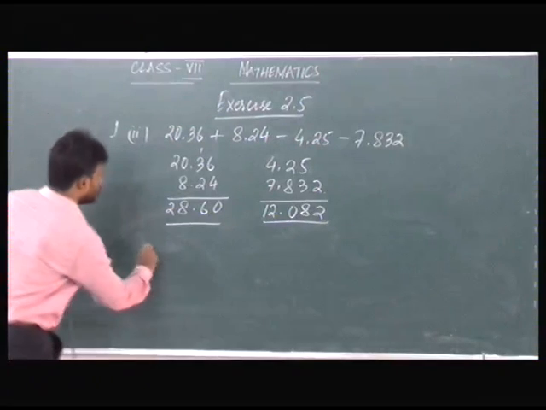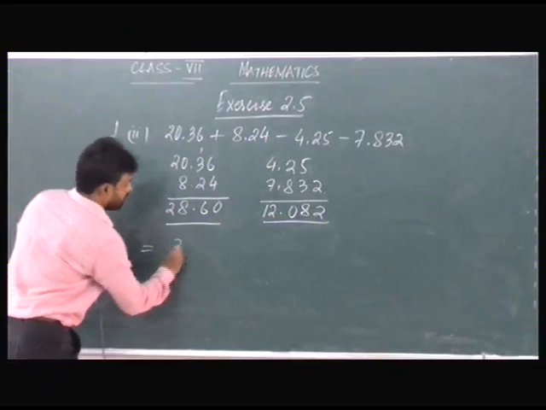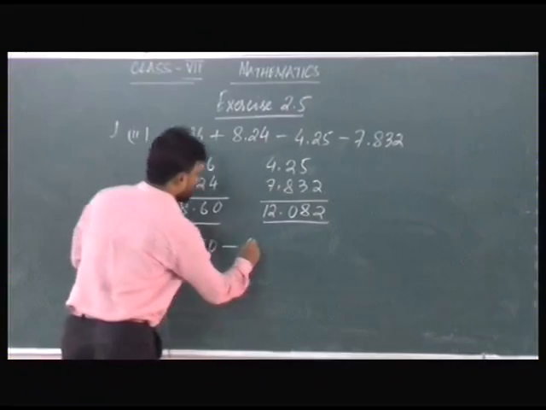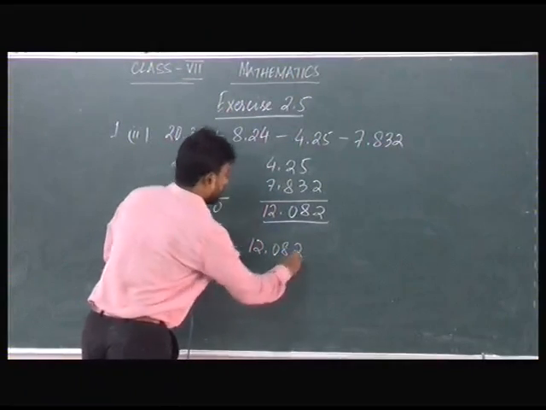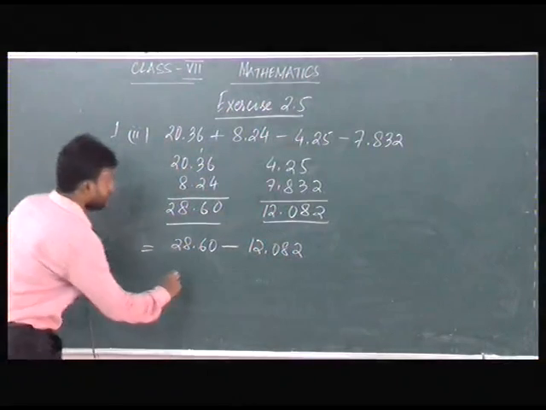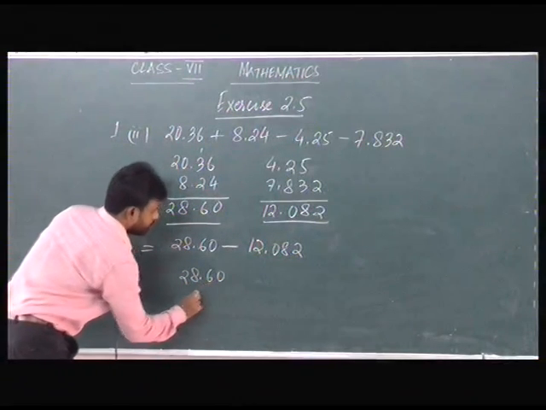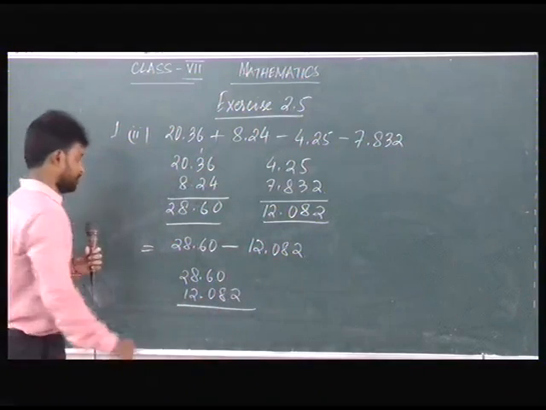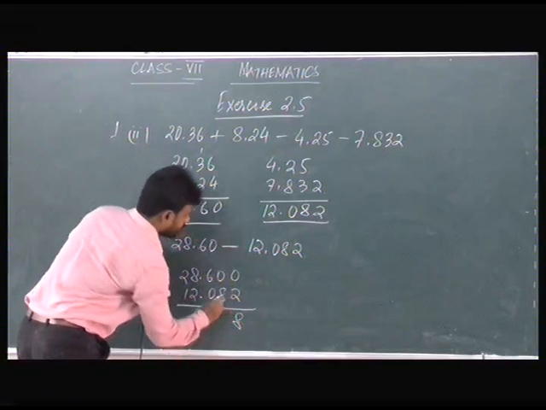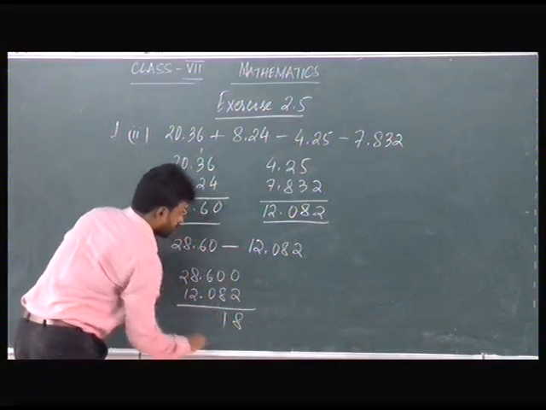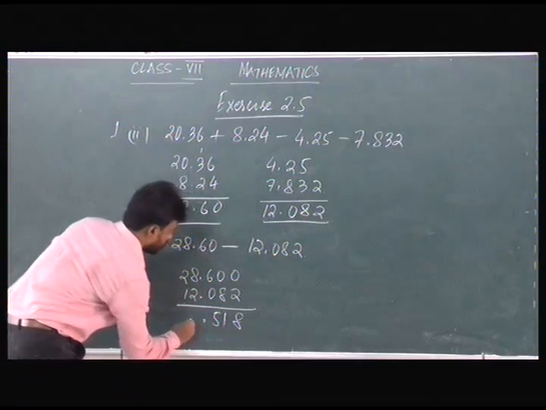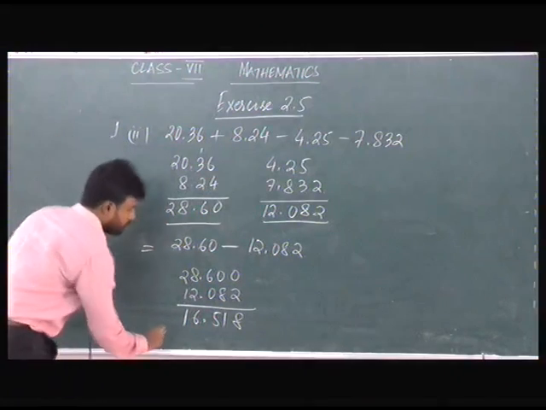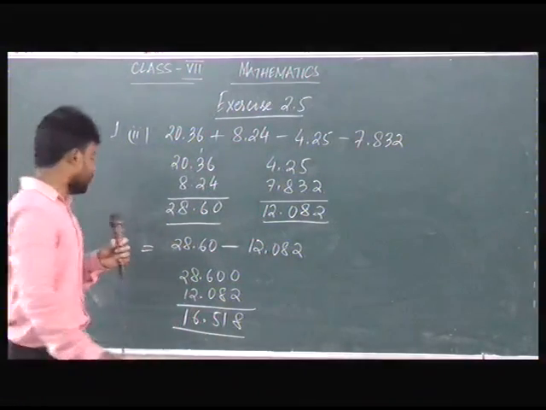So ultimately what we'll do is, from 28.60 we will subtract 12.082. Let us subtract it. You can add a 0 here. So ultimately your answer will be 16.518.